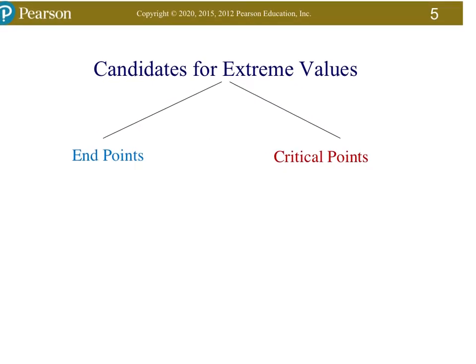So the extreme values are divided up into 2 categories. Always the endpoints. So you would have point A, which is the left endpoint, and then you would have point B. And point B is always the right endpoint.